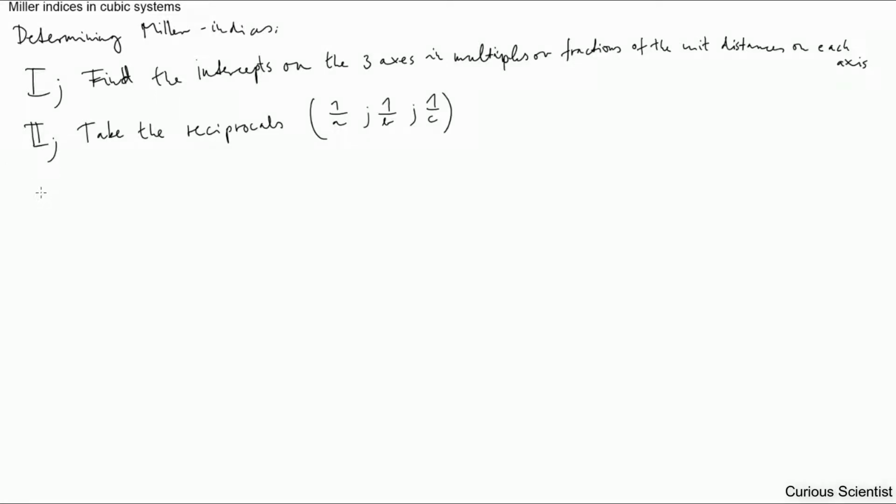So we have three numbers. We have to reduce this to the three smallest integers having the same ratio.